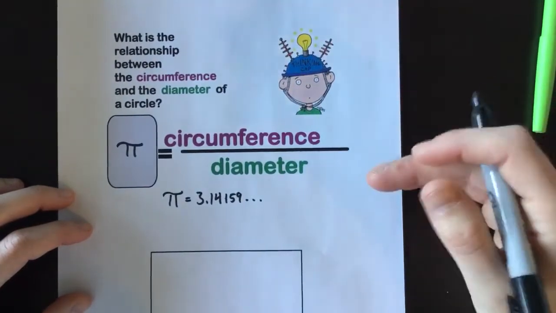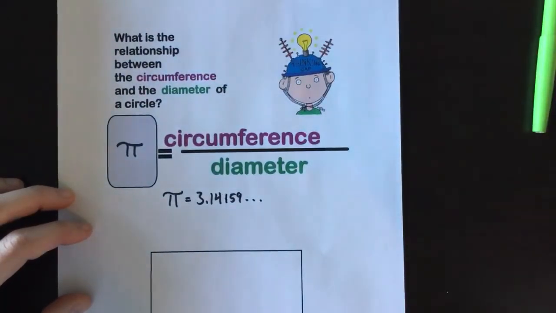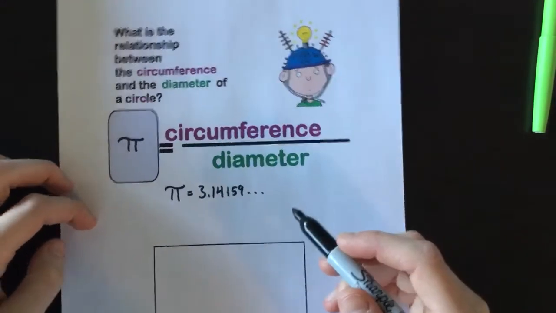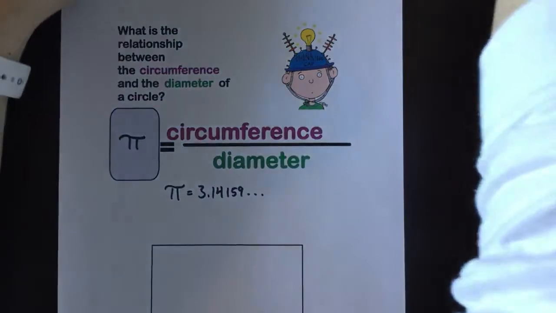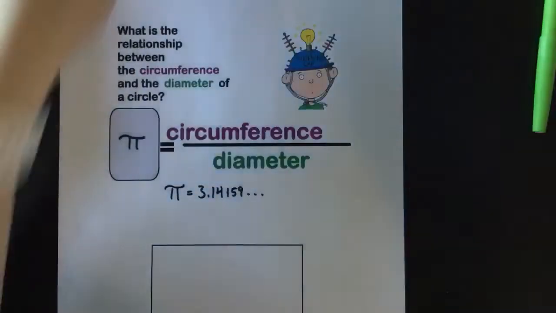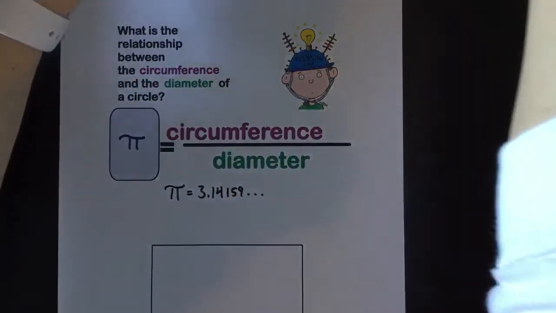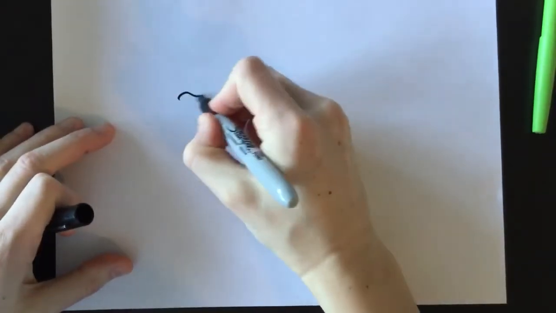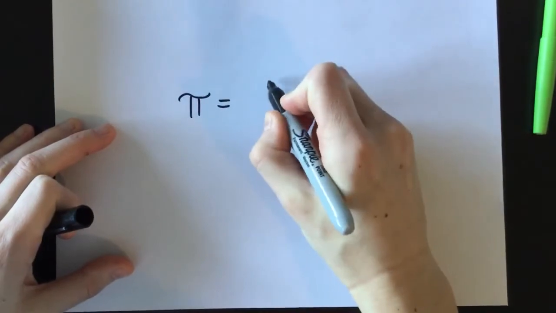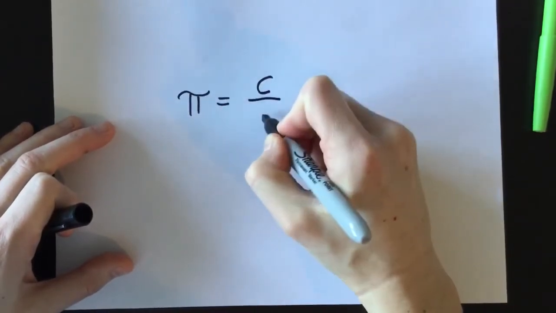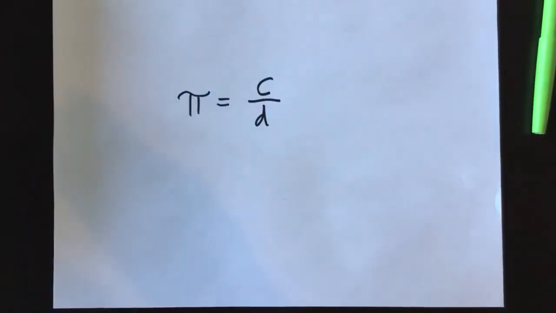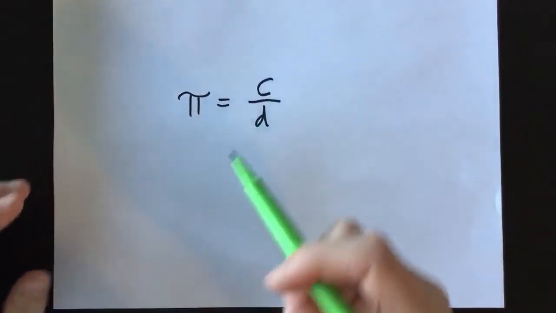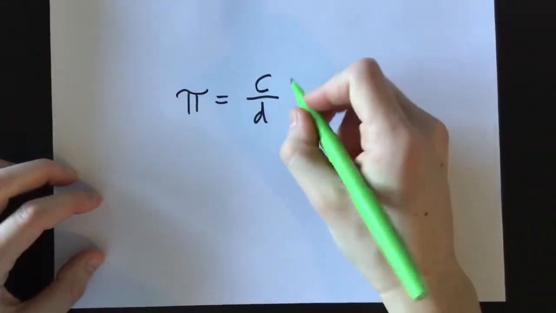Okay, so we talked about circumference, our distance around the outside of our circle. How does this work for us finding circumference? So if we think of our relationship now, where we're talking about pi being the relationship, and I'm going to abbreviate, circumference over diameter, how do we find circumference? Well, I want to know circumference. Let me solve for C algebraically. So I've got to undo that division.